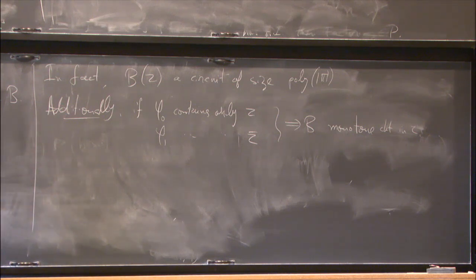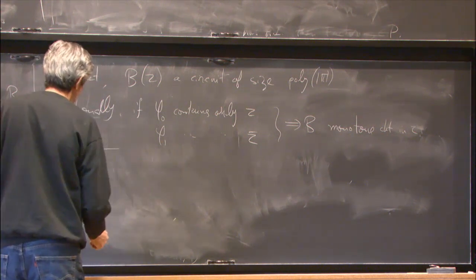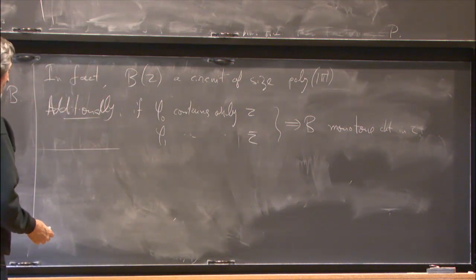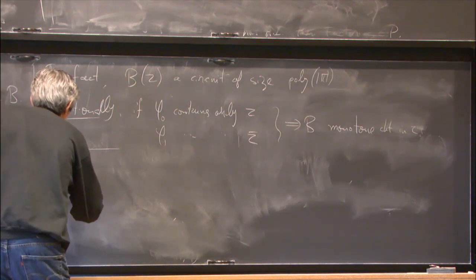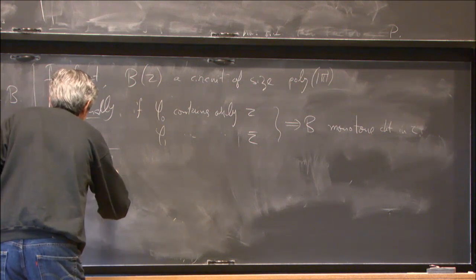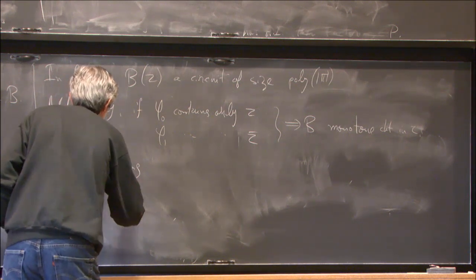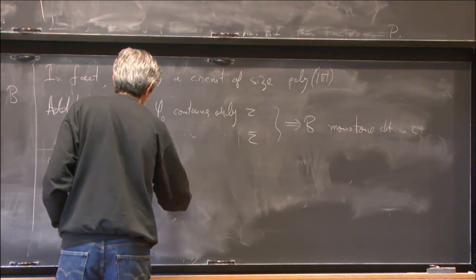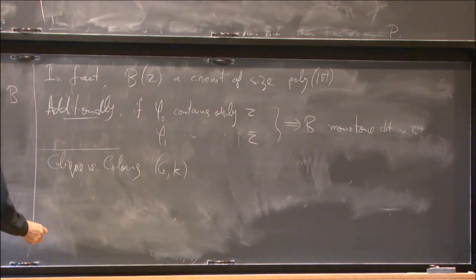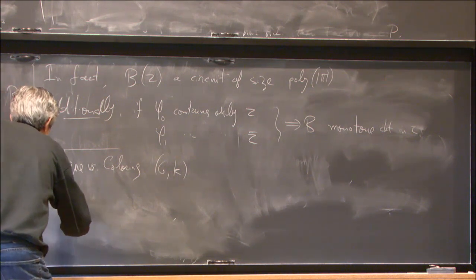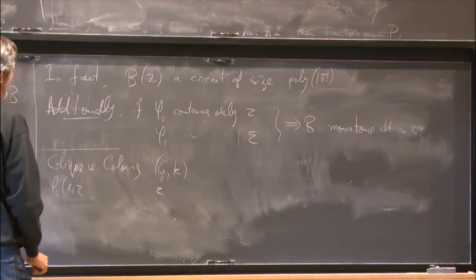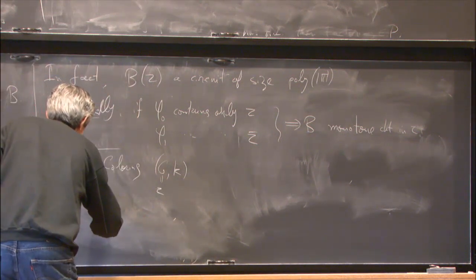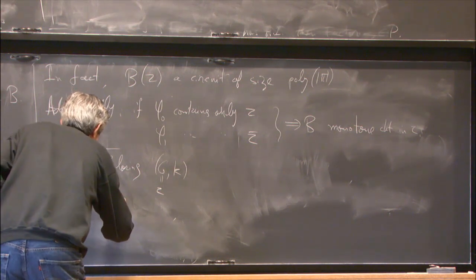Now let me remind you of the clique versus coloring tautology. I'm not going to write it completely in full, but it's a very simple thing. We have a graph G and a parameter K. So phi 0 is going to say of x and z, where the graph will be encoded by the variable z, that x is a k-clique.